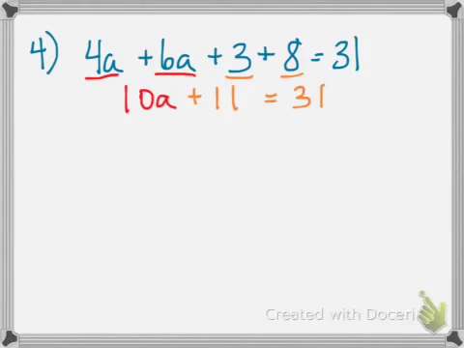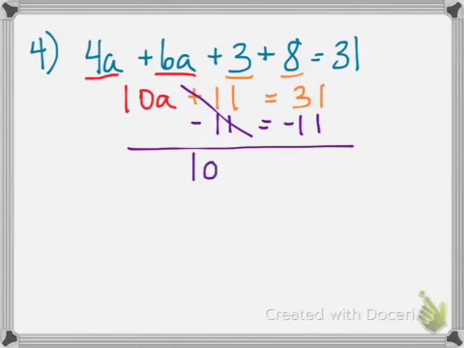Step 2 is to get rid of the constant by either adding or subtracting. So I know the opposite of adding 11 is subtracting 11. So I subtract 11 from both sides, and I'm left with 10a equals 20, because 31 minus 11 is 20. And then my last step is to multiply or divide.